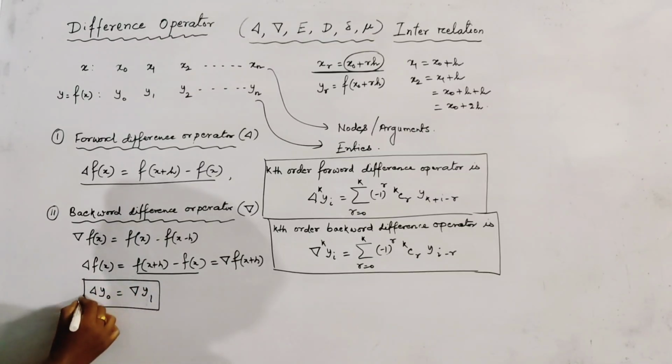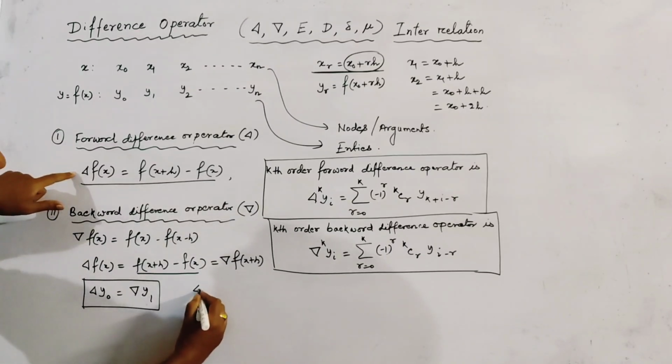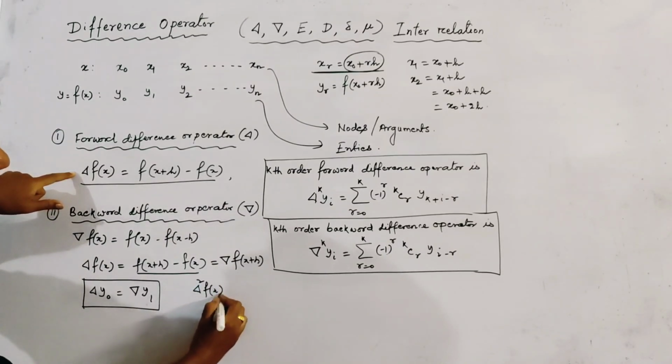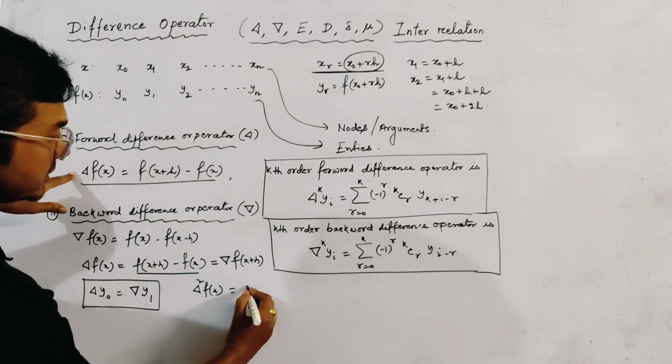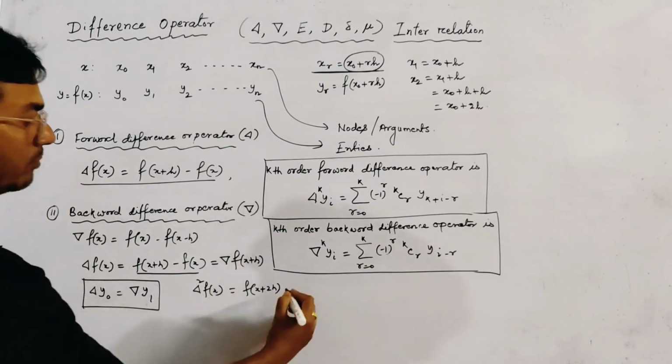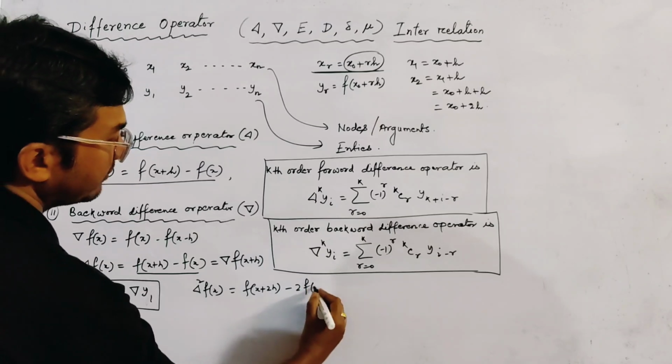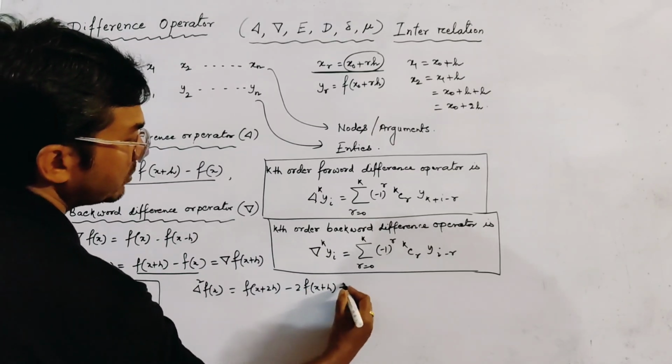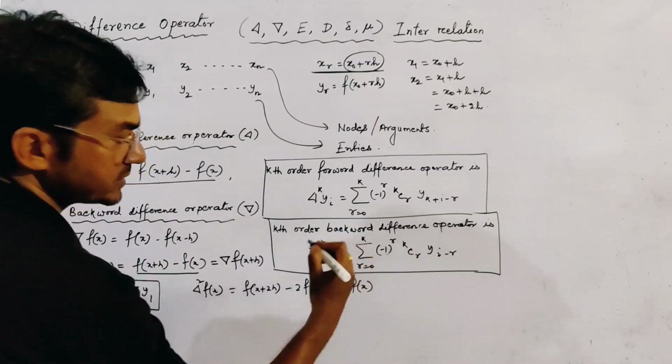Now we take the forward difference operator of second order. The definition is f of x plus 2h minus 2 into f of x plus h plus f of x.